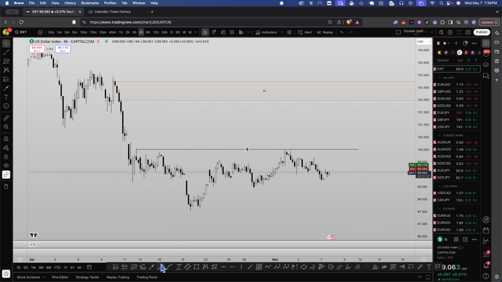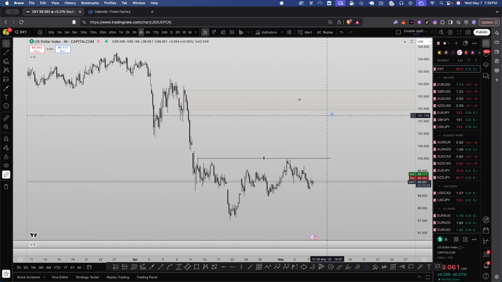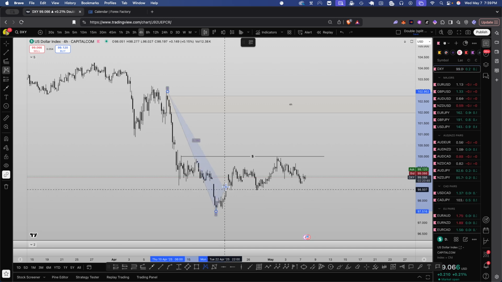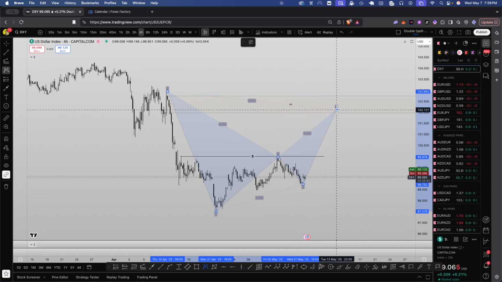So I am expecting, sooner or later, potentially a big expansion on the upside, and that would potentially line up to a bit of a harmonic pattern. It hasn't given us the cleanest setup just yet, but if your eyes are a little bit trained to see a harmonic, this could potentially be a wave A to B, and this could be the C to D wave.